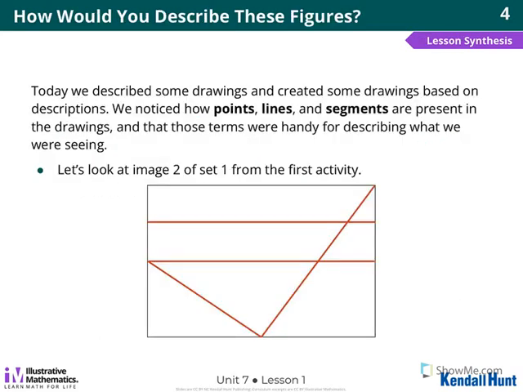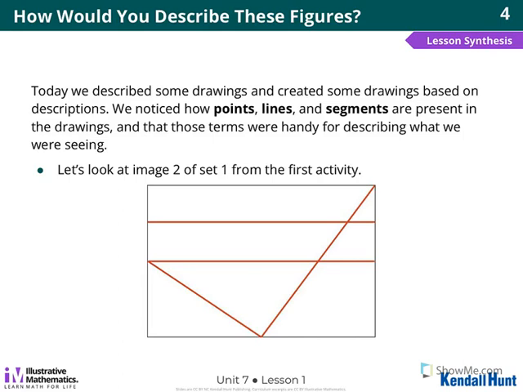So, now we're going to be discussing these. So today we described some drawings and created some drawings based on descriptions. We noticed how points, lines, and segments are present in the drawings and that those terms were handy for describing what we were seeing. So we're going to look at image 2 of set 1.